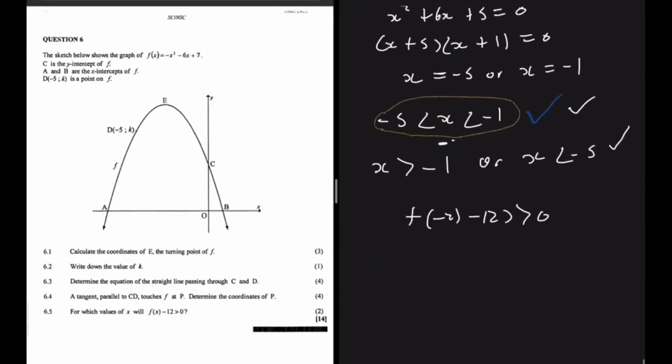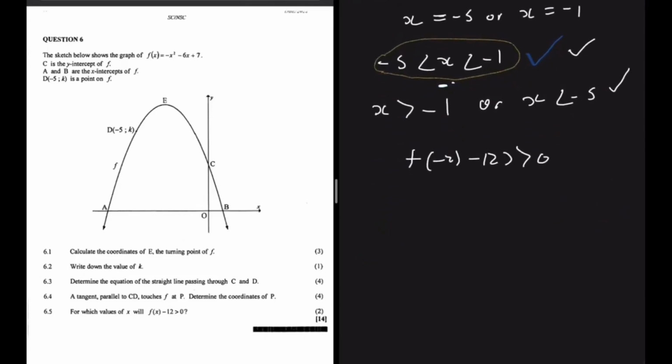So if I go ahead and do that, I'm going to have minus 2 squared minus 6 multiplied by minus 2 plus 7 minus 12. And this is 3, and 3 is greater than 0, right?